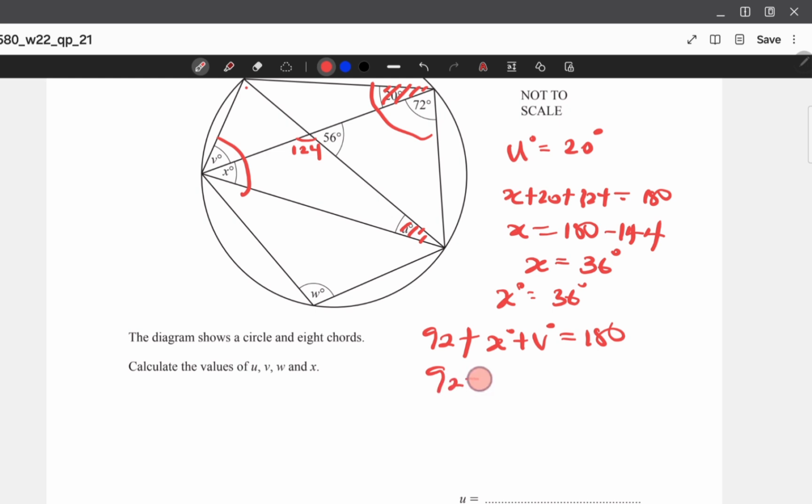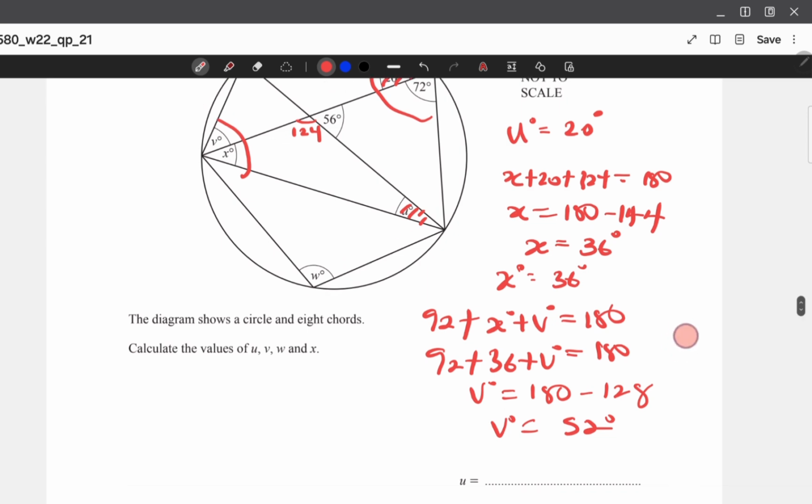So v equals 180 minus 92 plus 36, which is 128. So v equal to 180 minus 128 will give me 52 degrees.